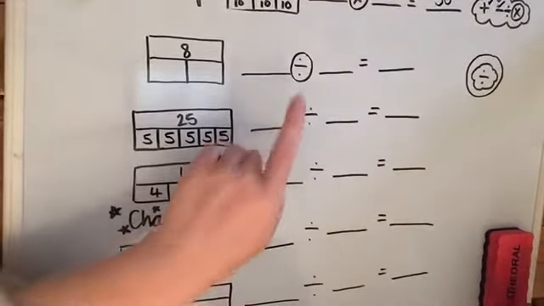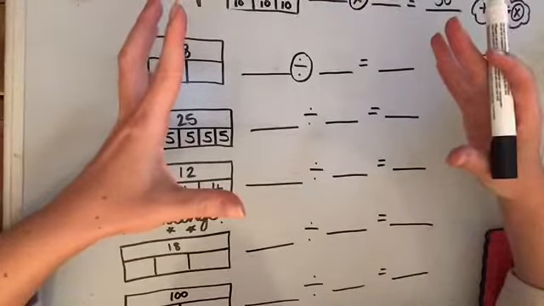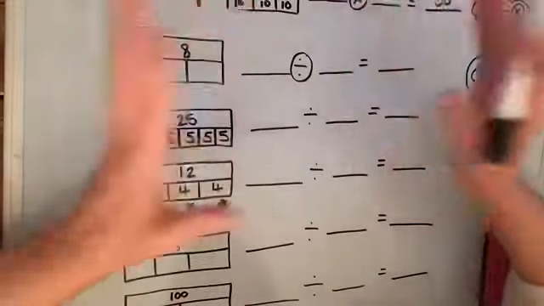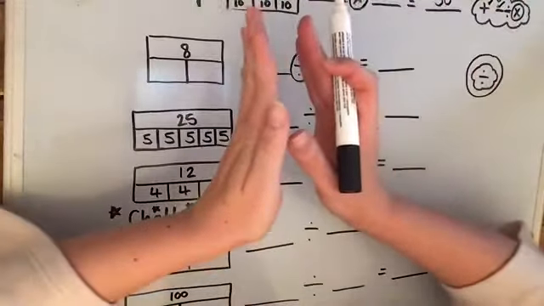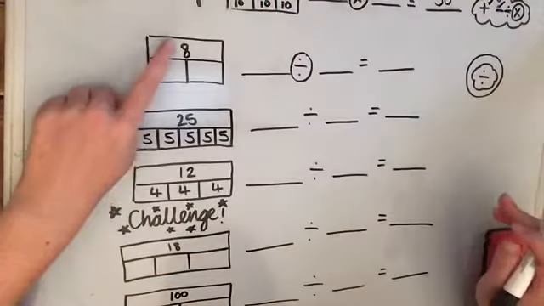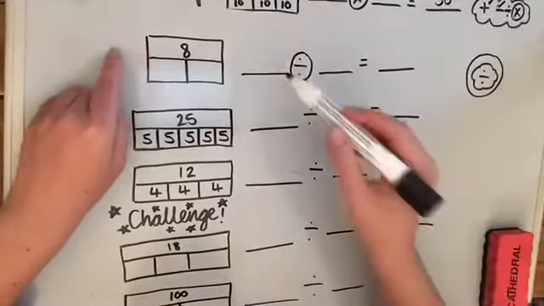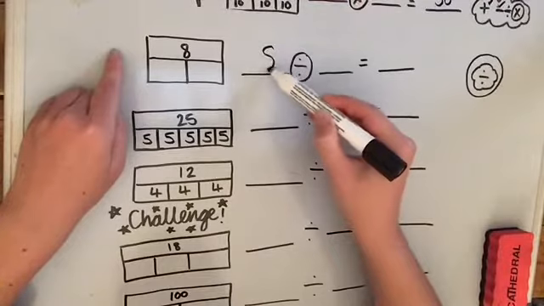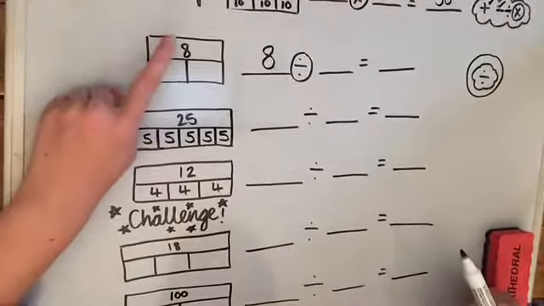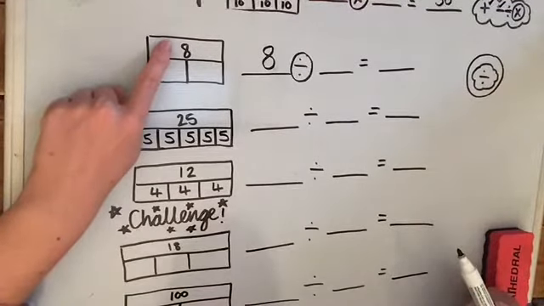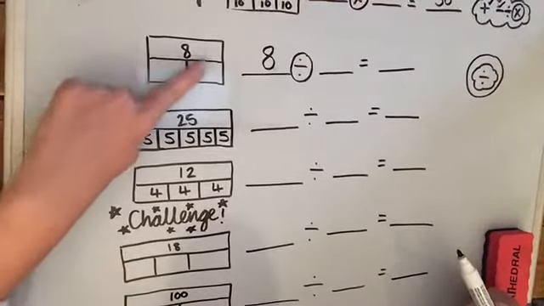But with division, we have to start with a larger number and then we're sharing it out so the number gets smaller. So I know this number 8 is going to have to go at the start of my number sentence. This bar model is showing 8 shared between something gives us the answer something.